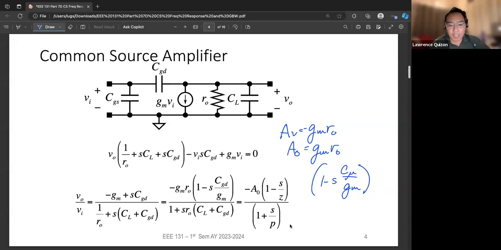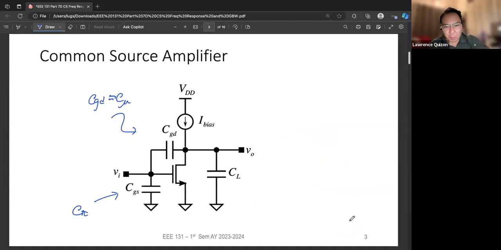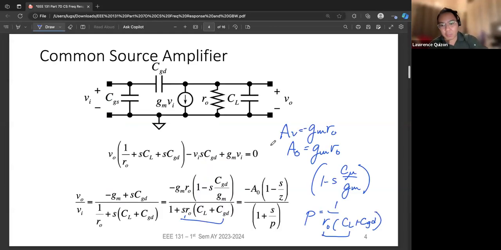And then also we find a pole term, no? With a pole that's 1 over R_out times CL plus CGD, no? So here we have the regular pole contribution of just the CL, no? If we only had this CL as a capacitor, it would only contribute R_out CL, right?